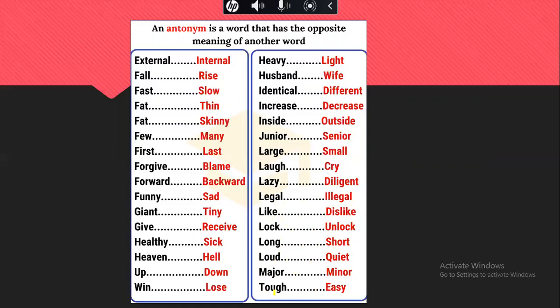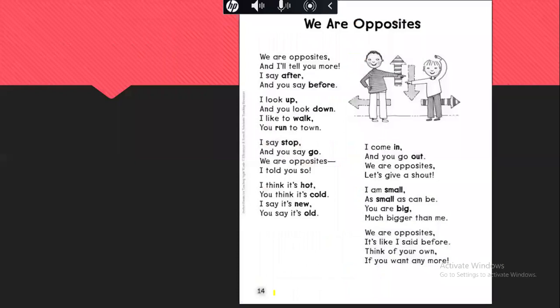So these are the ones that we use in every conversation or in our writing.